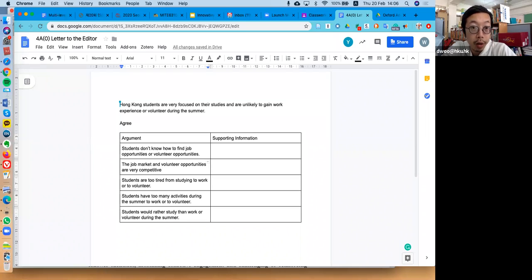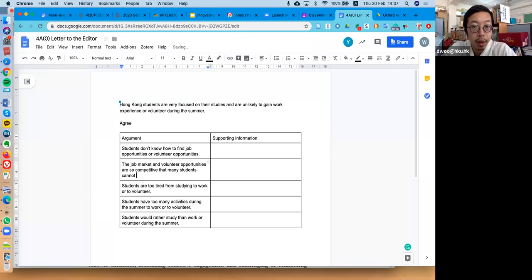Everyone wants to volunteer. Everyone wants a job, so that there aren't enough job opportunities and volunteer opportunities for people. Are so competitive that many students cannot gain work experience or volunteer.